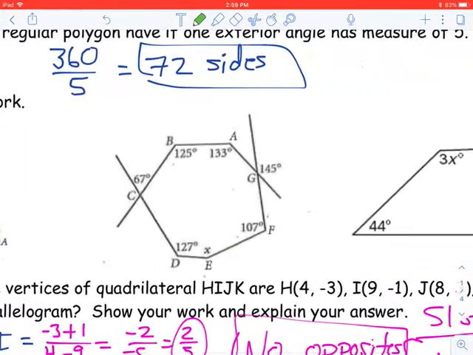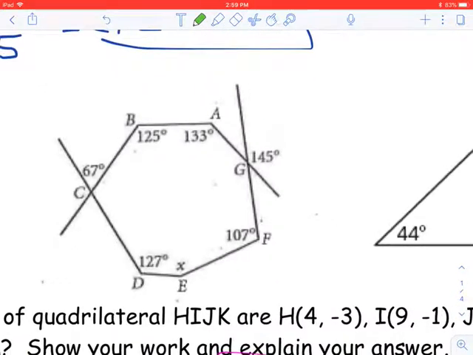So for the second one on number 6, again, I'm trying to figure out what x is. Well, again, I want to figure out the sum first, but before I even do that, I'm going to figure out, okay, this is vertical to that, so 145 here, and then if that's 67, this must be 180 minus 67, which is 113.